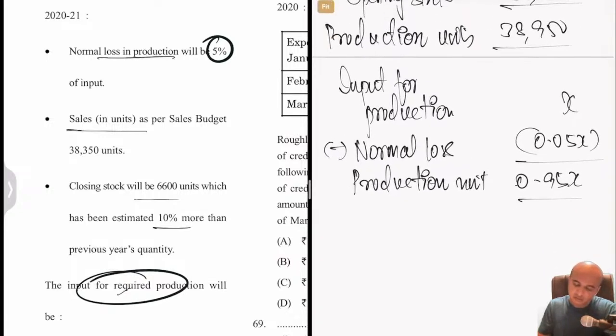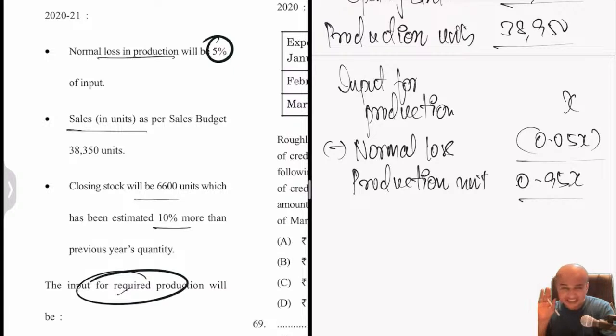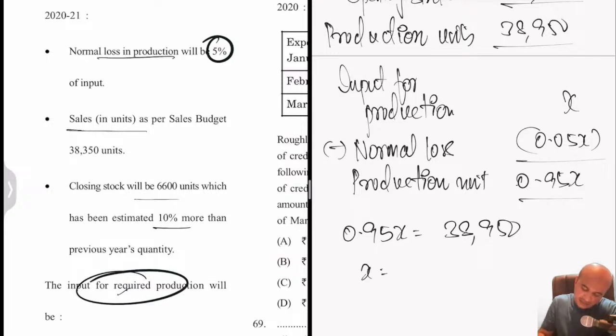Now we know that production unit is 38,950. So 0.95 X equals 38,950. So therefore X equals 38,950 by 0.95.